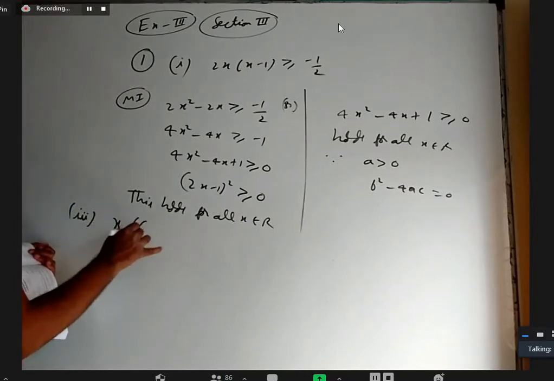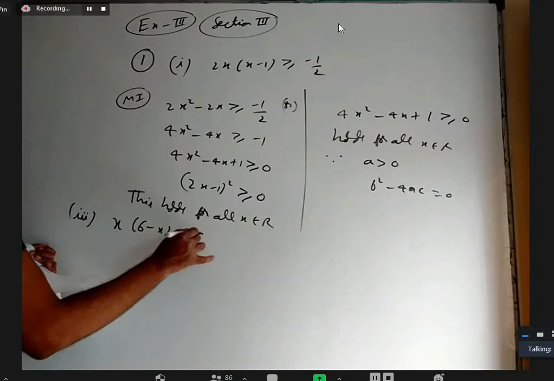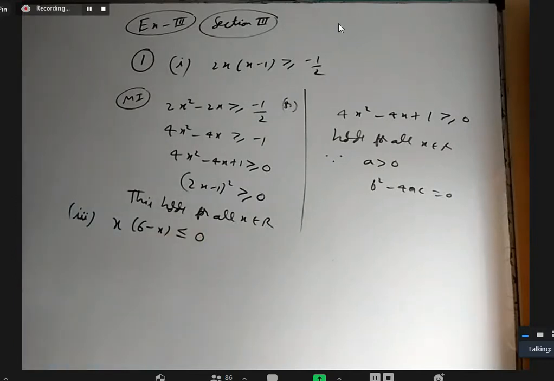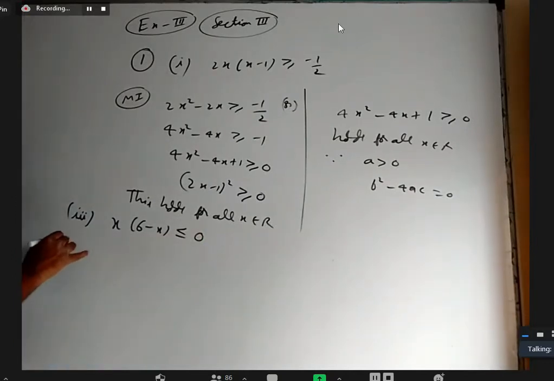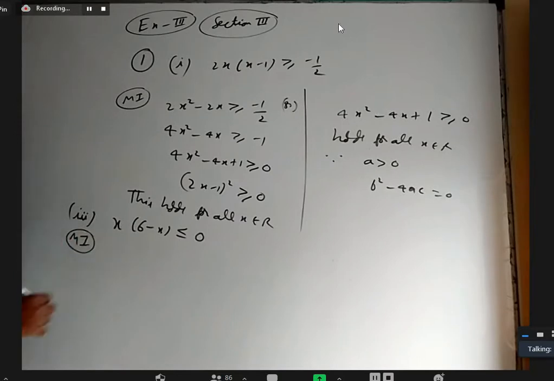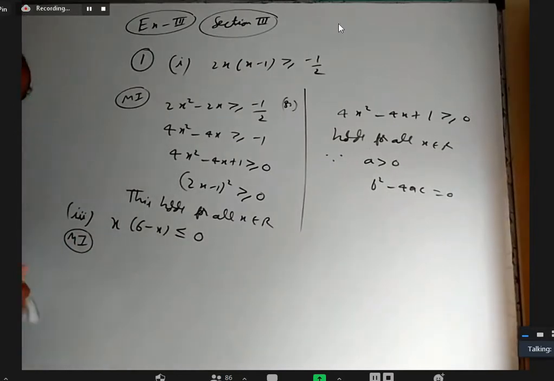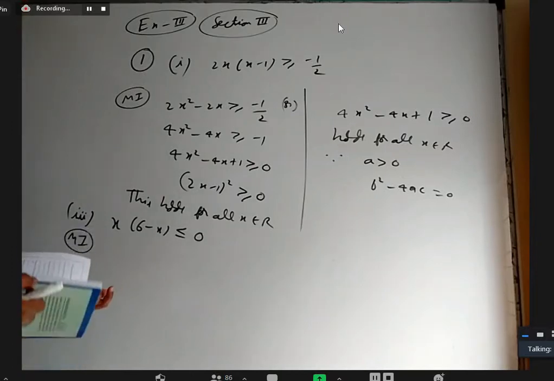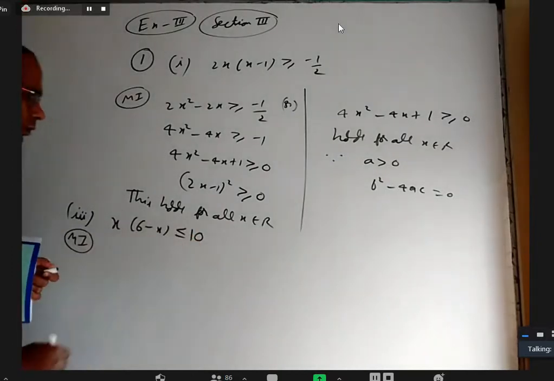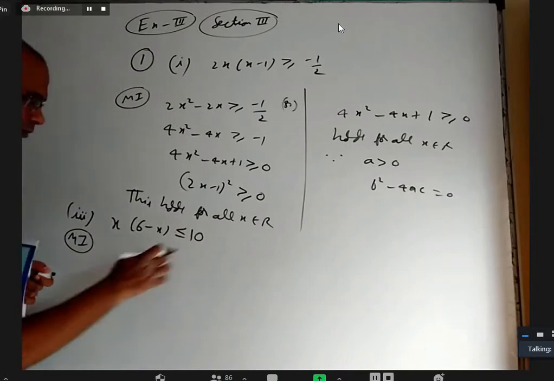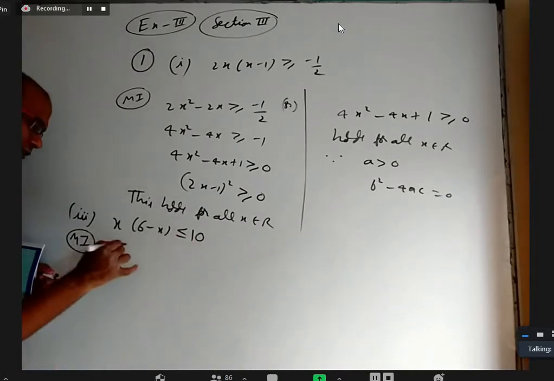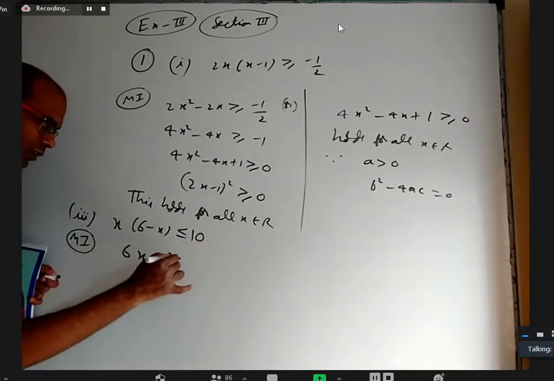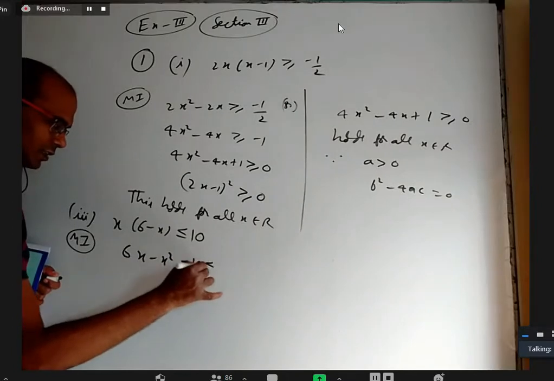Okay, x into (6 minus x) minus 10 less than or equal to 0. Okay, 6x minus x square minus 10 less than or equal to 0.